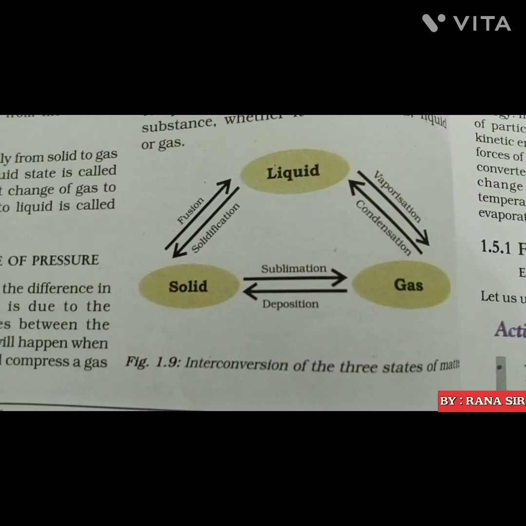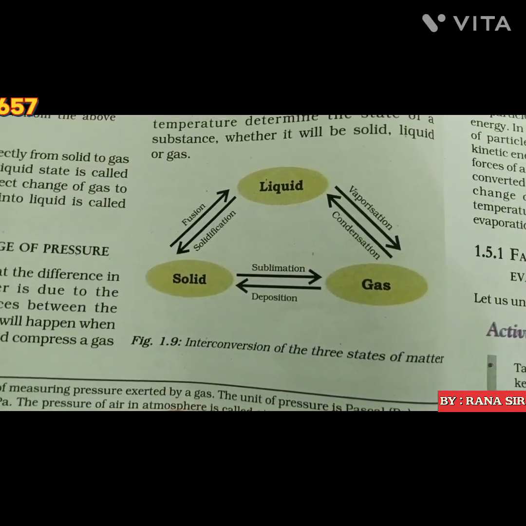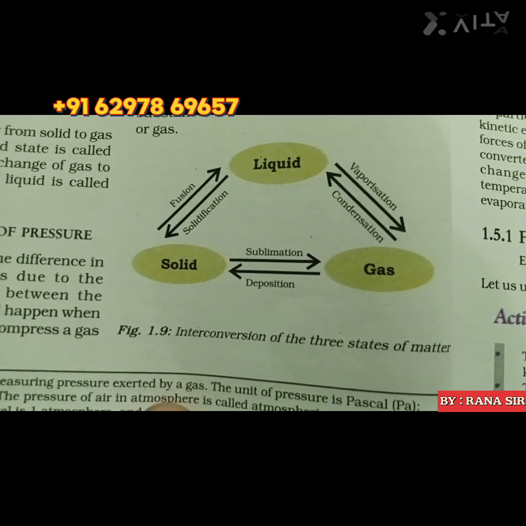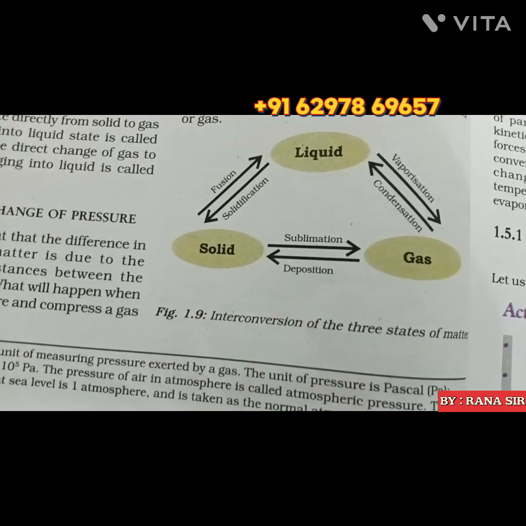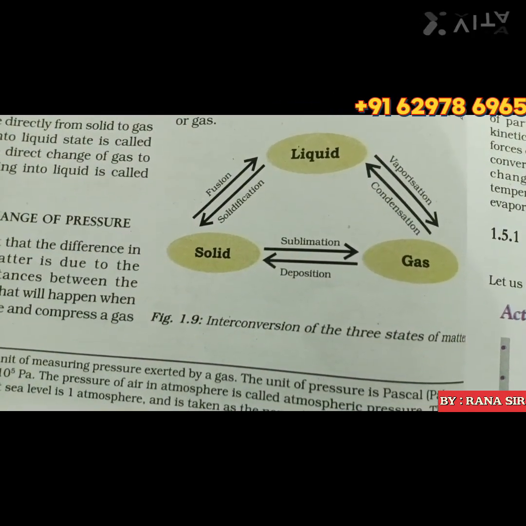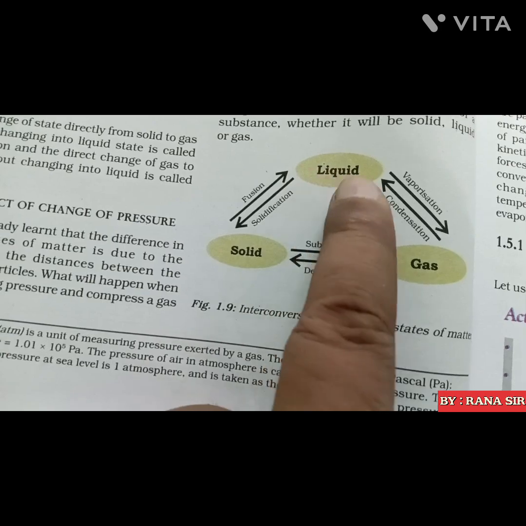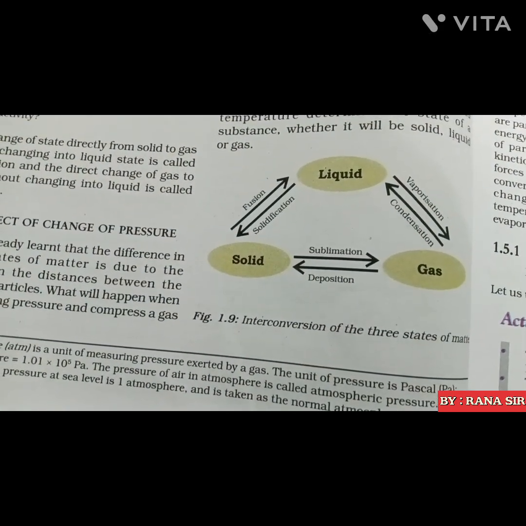So this diagram states the interconversion of the three states of matter, how the matter is changed from one state to another. When solid is heated, it is called fusion and it becomes liquid. When liquid is cooled, it is called condensation.